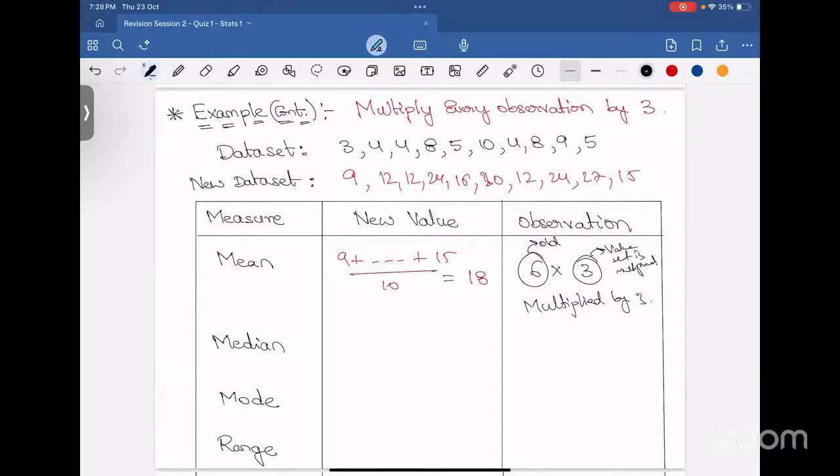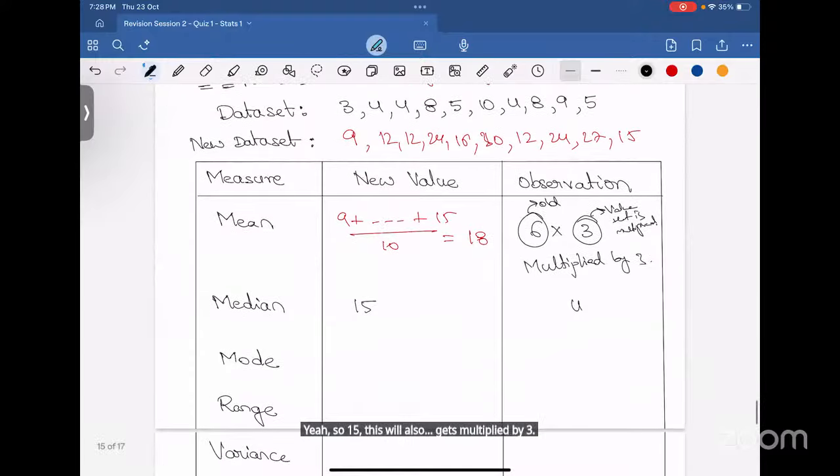If I see the median, again, median will be 15. That also will be multiplied by 3. What will happen to the mode? Mode will be 12. This is also multiplied by 3.